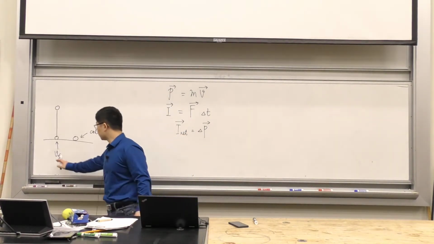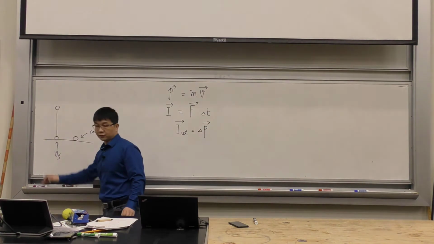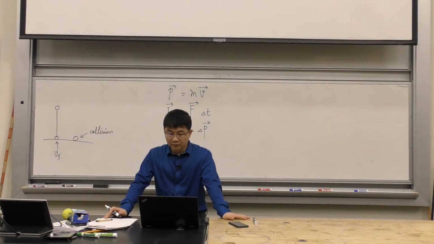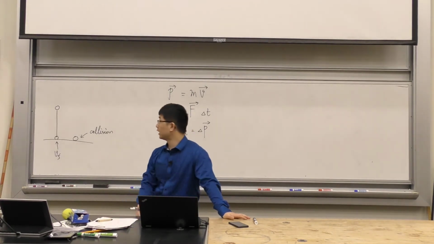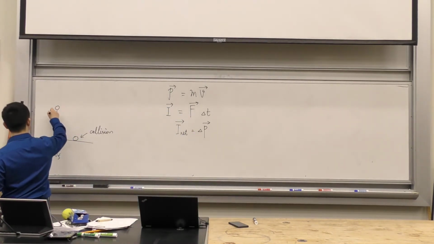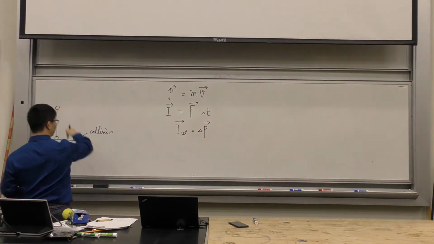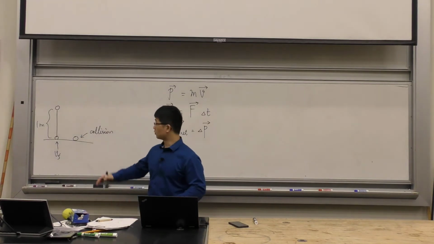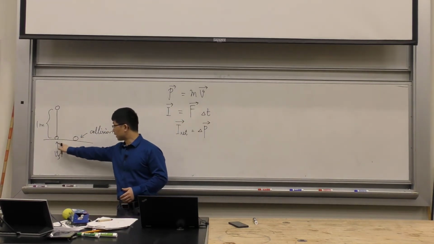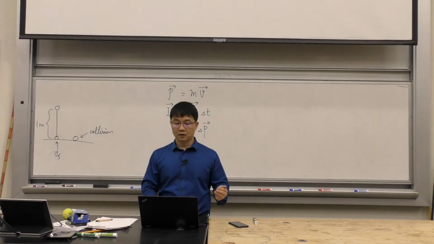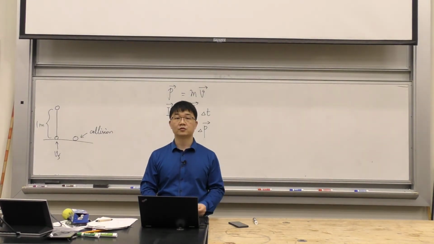I want to first find the final velocity of this free fall. Say the person jumps from a 1 meter tall table. So that's going to be the height. Some object starting from 1 meter from rest and then falls to the ground. I want to find the final velocity at this point. As I said, you can either use kinematic equations or conservation of energy to find the final speed.